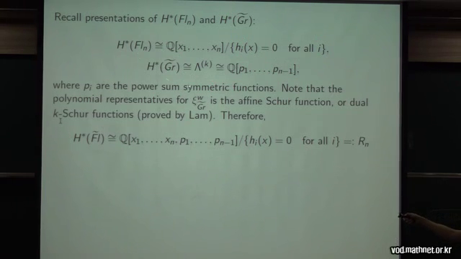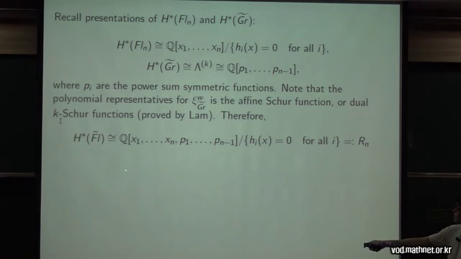And the cohomology of the affine Grassmannian corresponds to the polynomial ring generated by the power sum symmetric functions up to n minus 1.